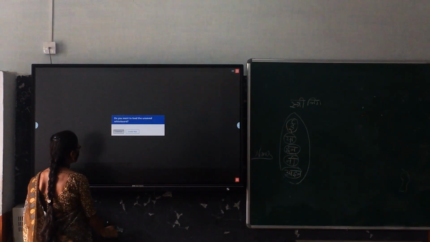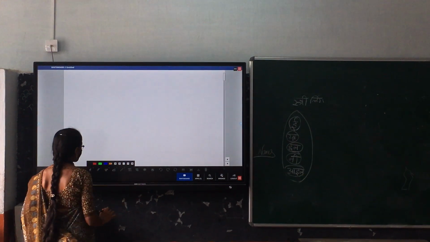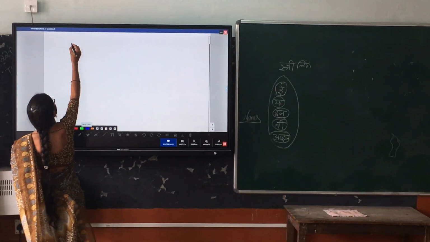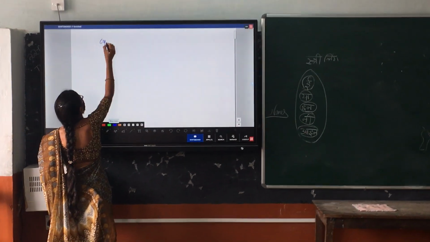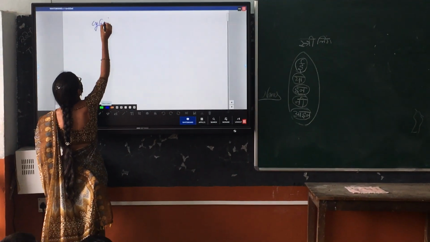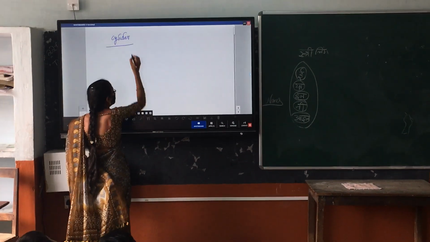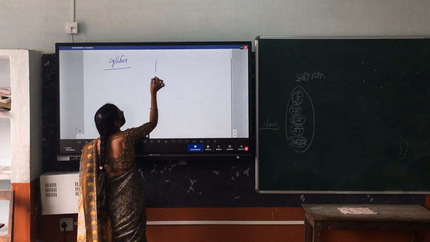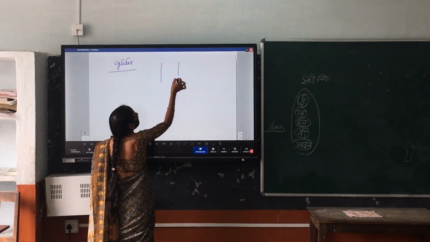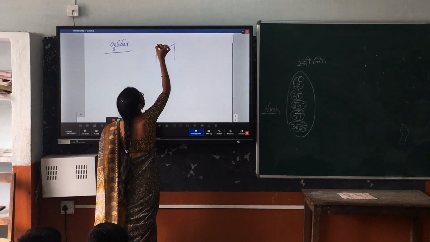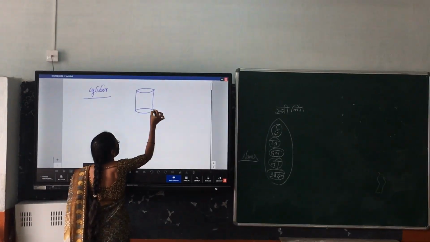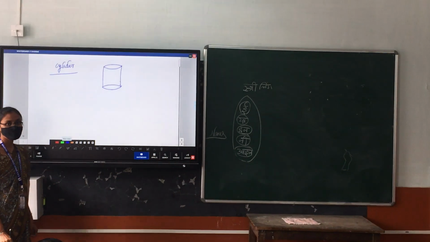Cylinder and cone also. Now, cylinder. So, how should we draw a cylinder? Like this. Okay.